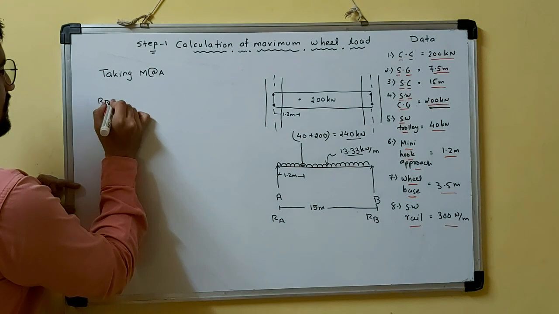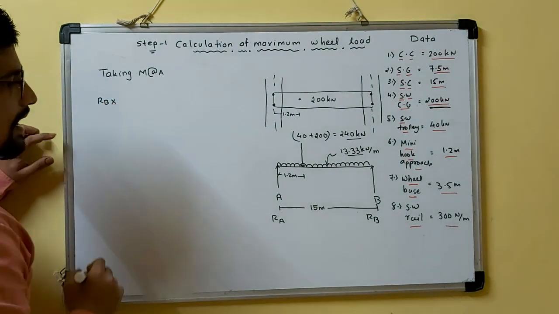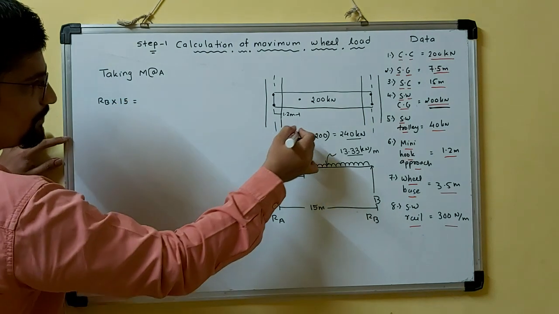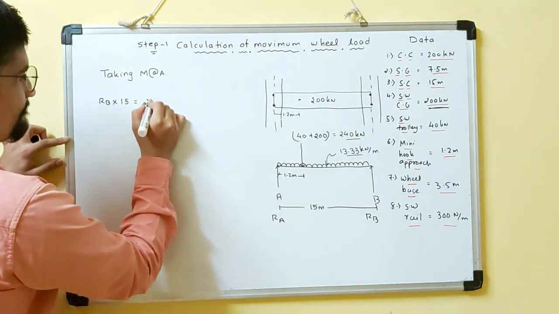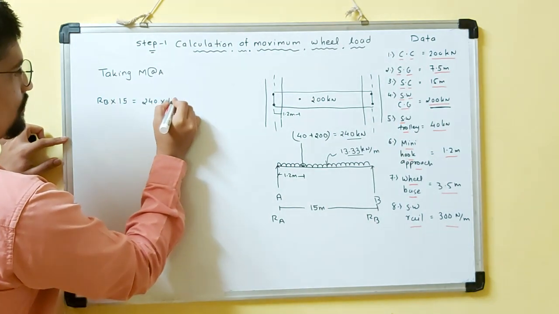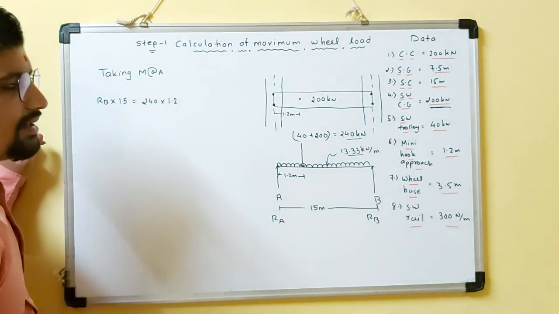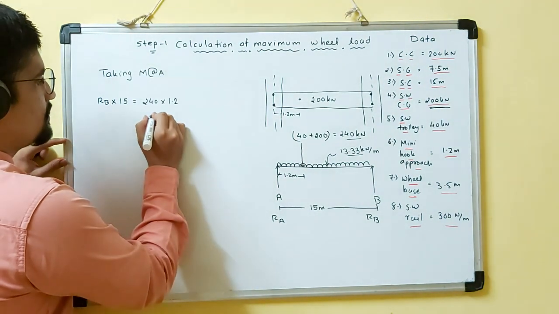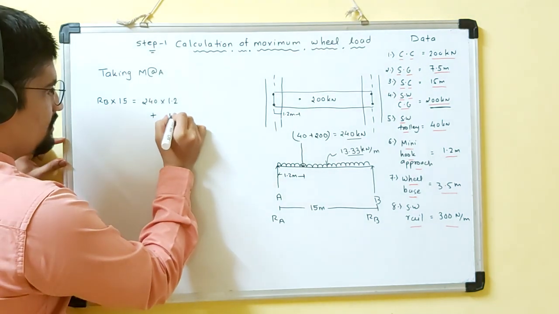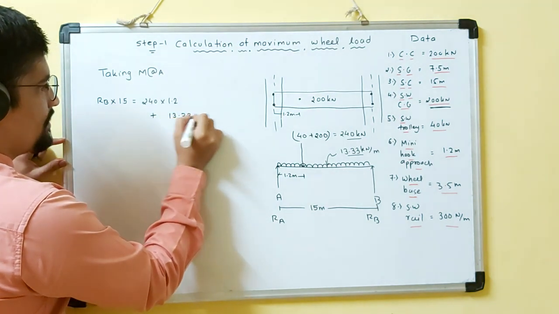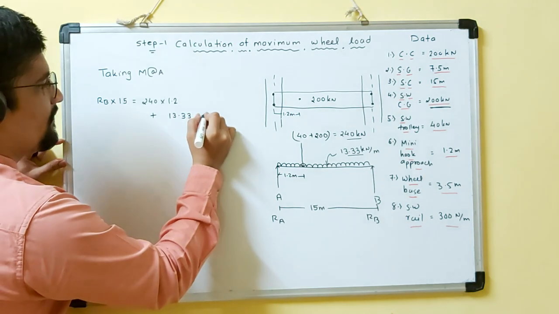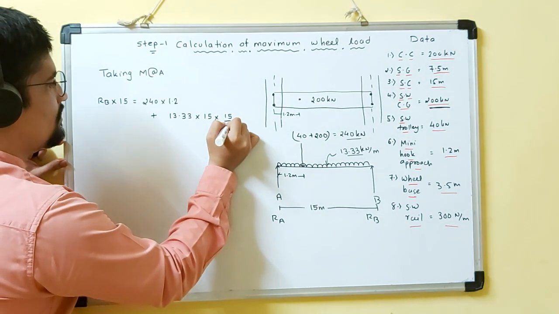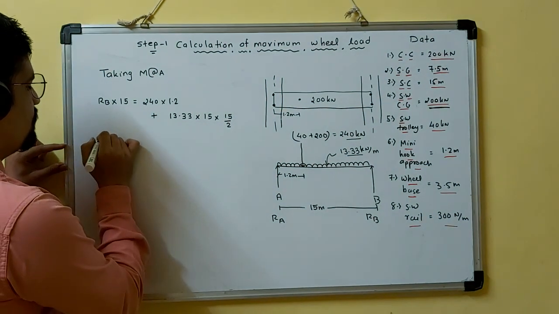So RB into 15, anticlockwise, is equal to 240 into 1.2, since taking moment at A means we need to reach the A point, plus 13.33 into 15 into the CG distance, which means 15 by 2.